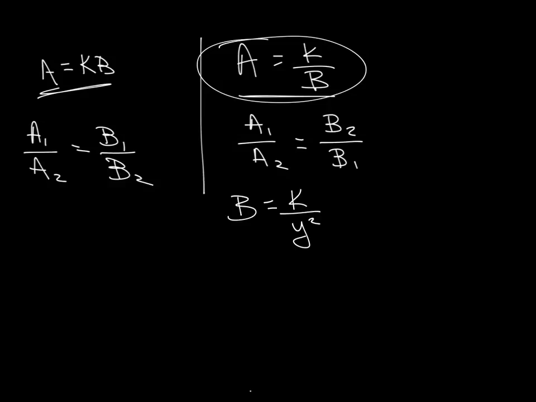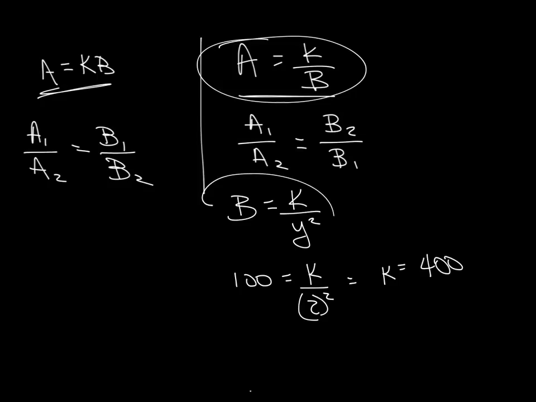Alright, so we have B, 100 equals K over yellows, and remember it's squared. So K then equals 400. So now we're going to rewrite this equation as B equals 400 over y squared.